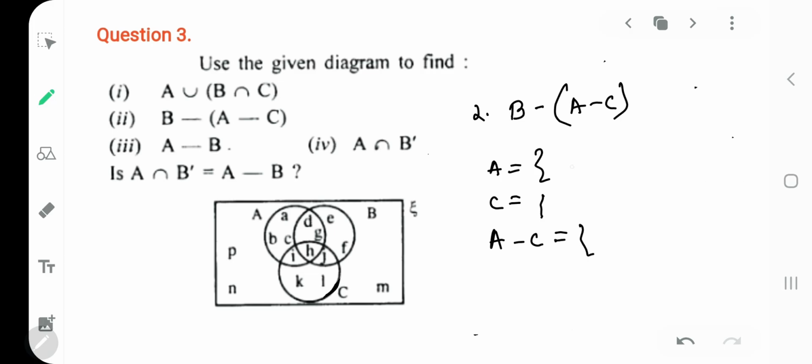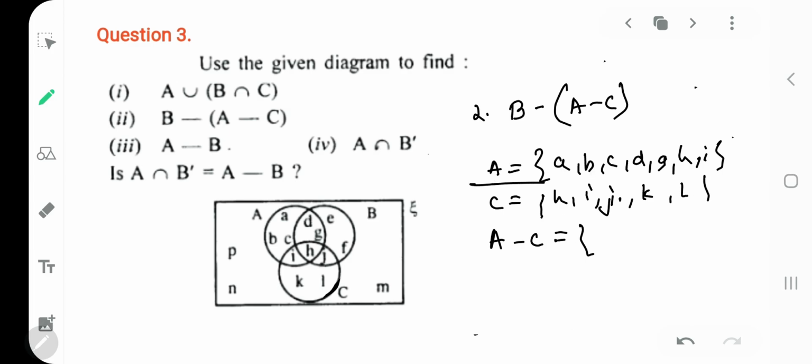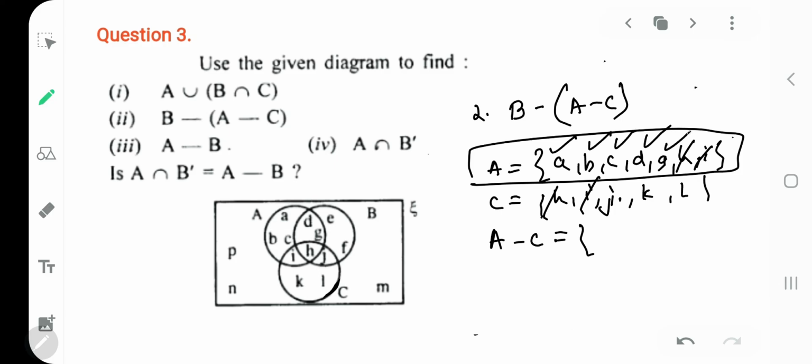A you have A, B, C, D, G, H, I, and C you have H, I, J, K, L. And when you subtract elements of C from A, remove whatever elements C has from A, so H will go out, I will go out, okay, and the remaining will be A, B, C, D, G. Am I correct with this?